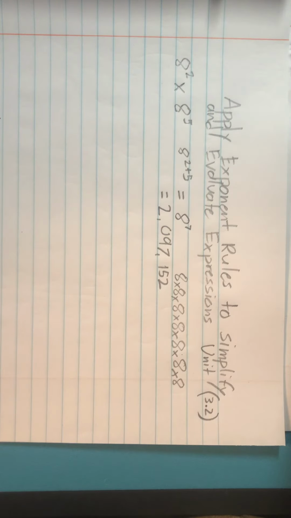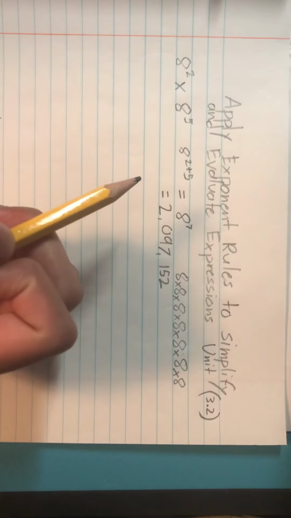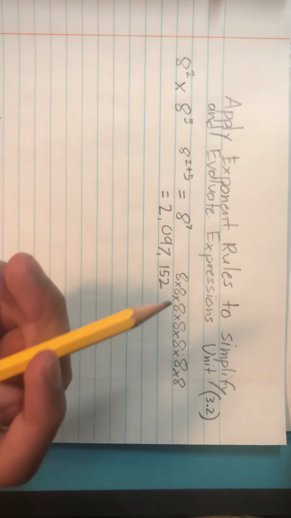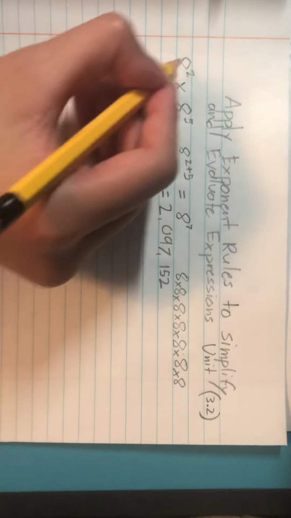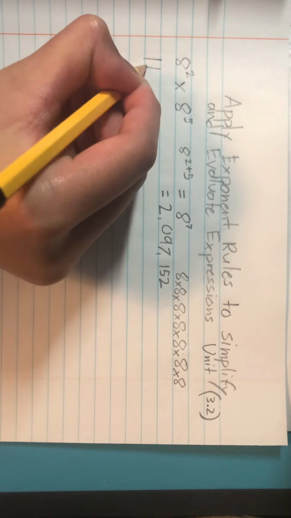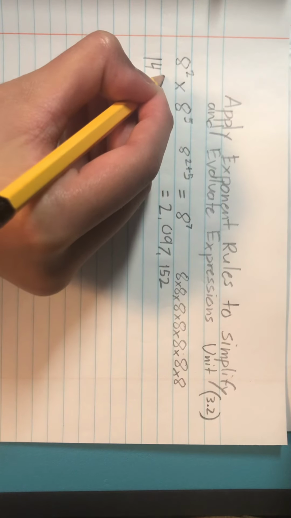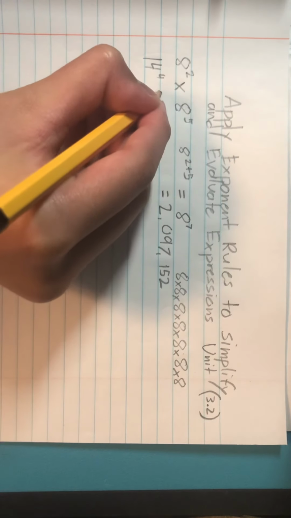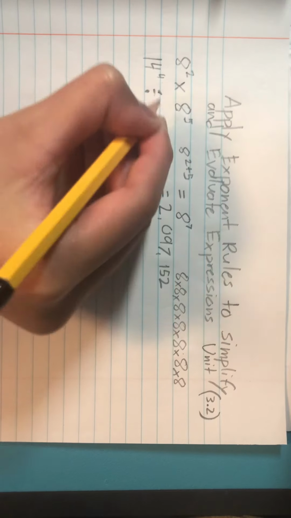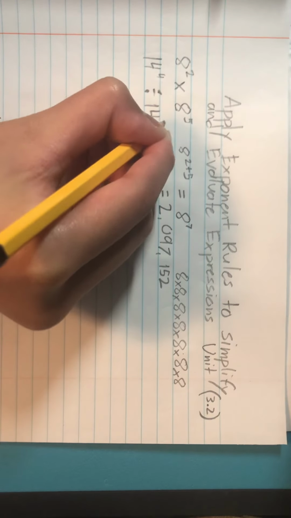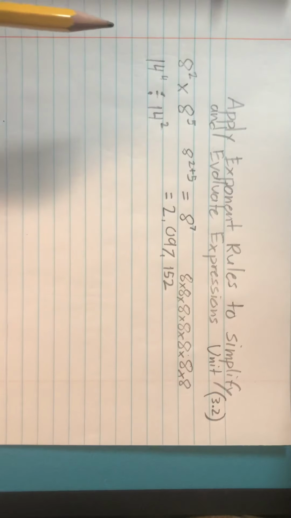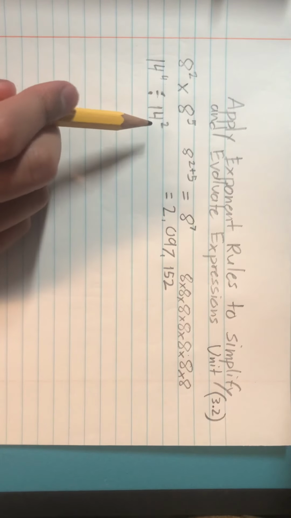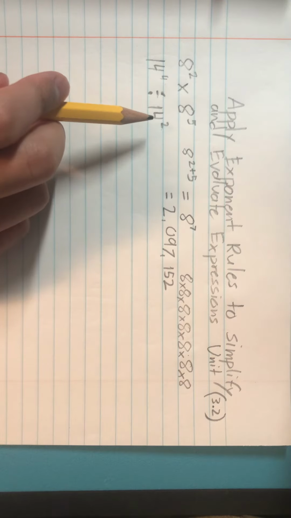Another example is dividing powers. So if we were to grab another random number, let's say 14 to the 4 divided by 14 squared. For us to solve this, since this is dividing, we would have to subtract the exponents instead of adding them.